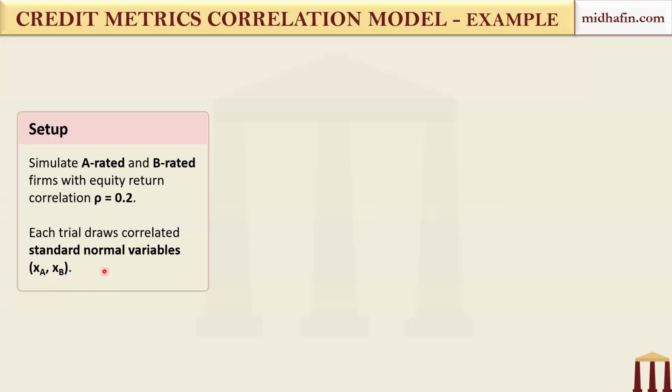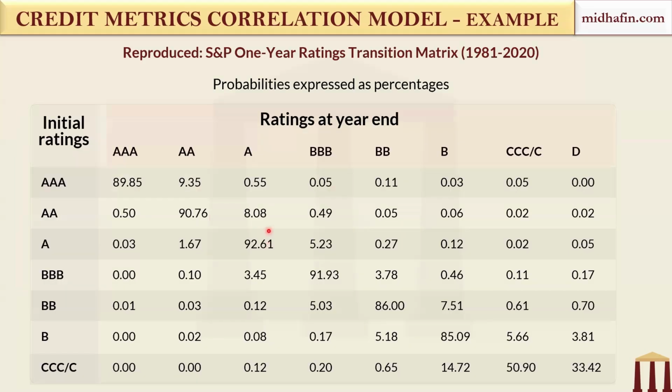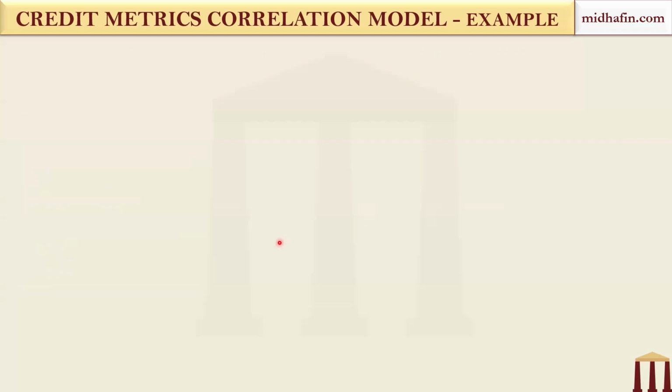The next step is to map each simulated value to a credit rating outcome. And again, this is done via the rating transition matrix.